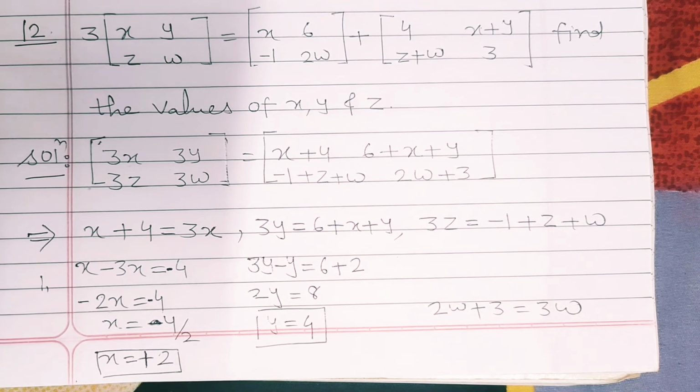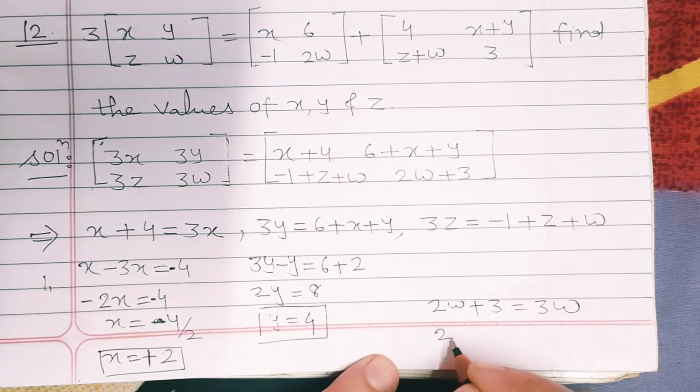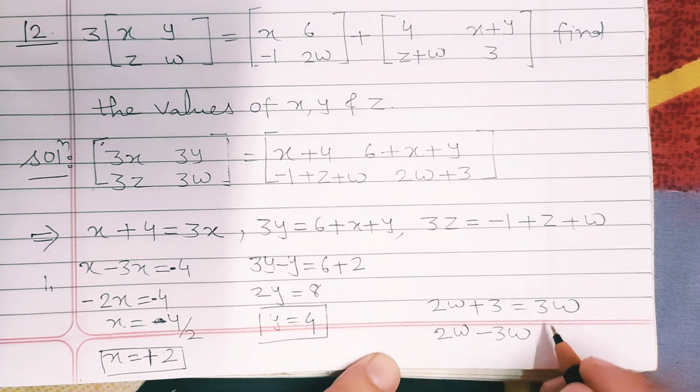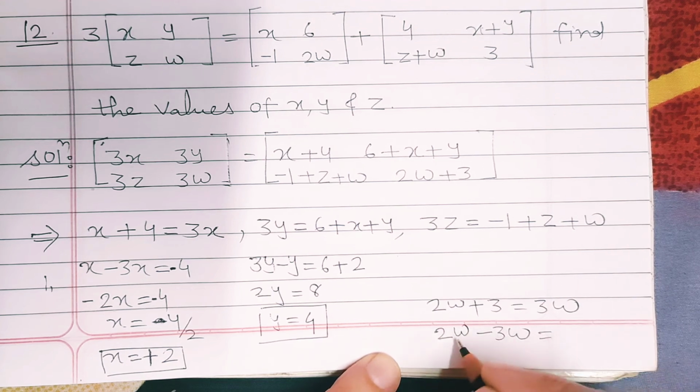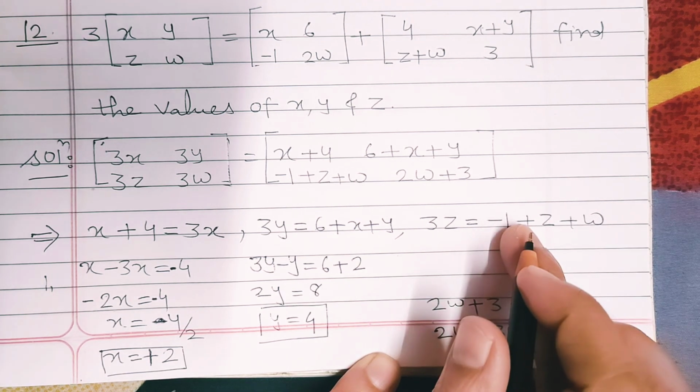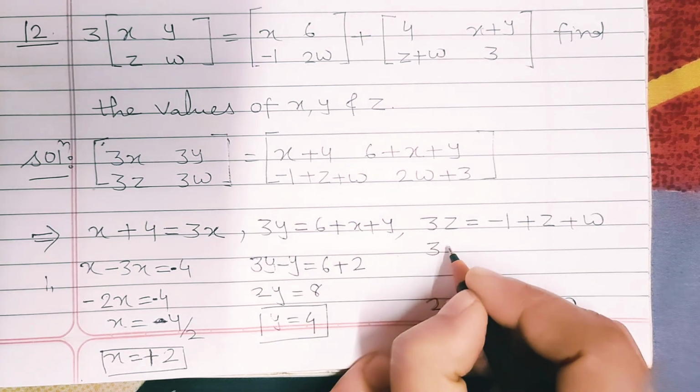And the next will solve first this equation. So it will be 2w minus 3w. Taking 3w on the left hand side, we are left with 2w minus 3w is equal to 3. So it will be 2 minus 3. It will be negative of w is equal to 3. Negative of 3. And negative will get cancelled, and we are left with w is equal to 3. Now put the value of w in this equation. So we are left with z.